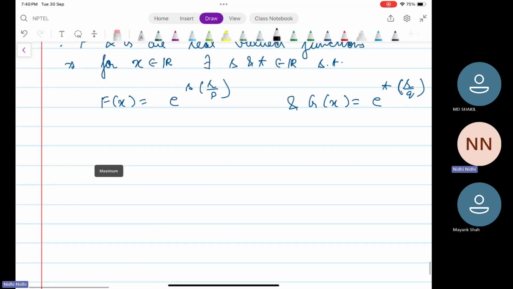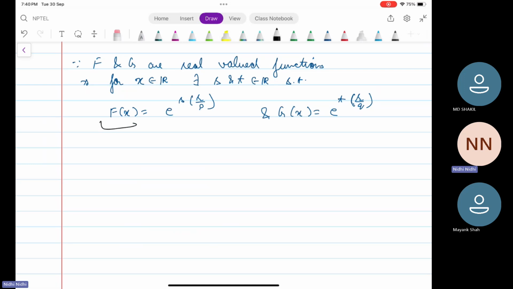So now, since F(x) was some positive real number, clearly I can find some s and t such that this can be written in this exponential form, because the range of the exponential function is the whole open interval (0, infinity). Yeah, so I hope this is clear how I can write this, because this x is fixed.